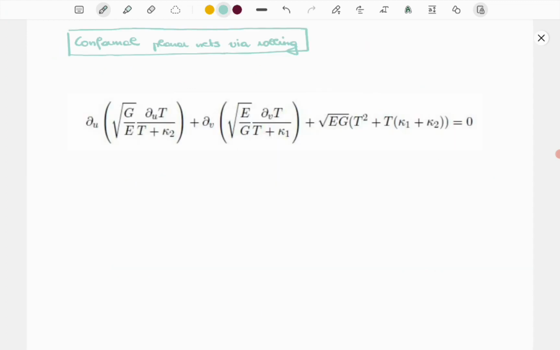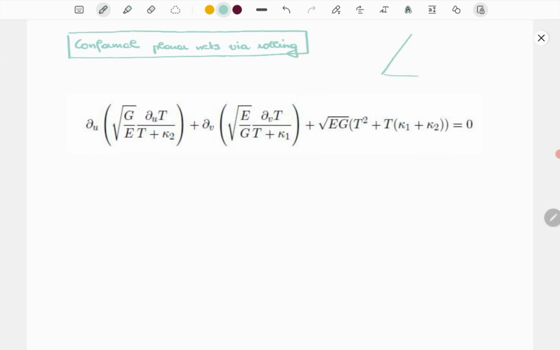So let us start to have a closer look at the hyperbolic Gauss map. So we start with a conformal map in the plane. This is determined by a metric. Let's denote that by e^(2 phi) (du squared plus dv squared). And considered as a surface in Euclidean 3 space, this conformal planar net has vanishing principal curvatures.